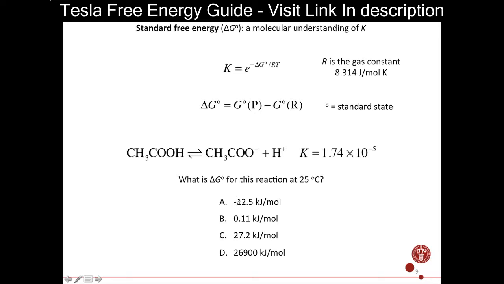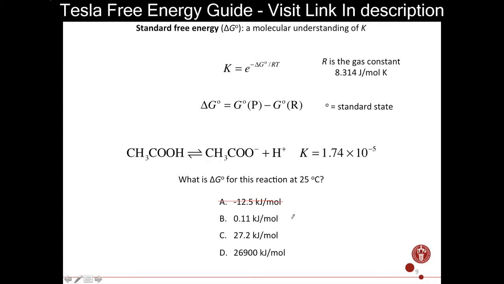If delta G standard is negative, then you have minus a negative number, so you'll get a positive number up here. And if you have a positive number up here in the exponent, then K will always be larger than 1, and K is smaller than 1. Okay, so without doing any calculations, we can eliminate answer A.